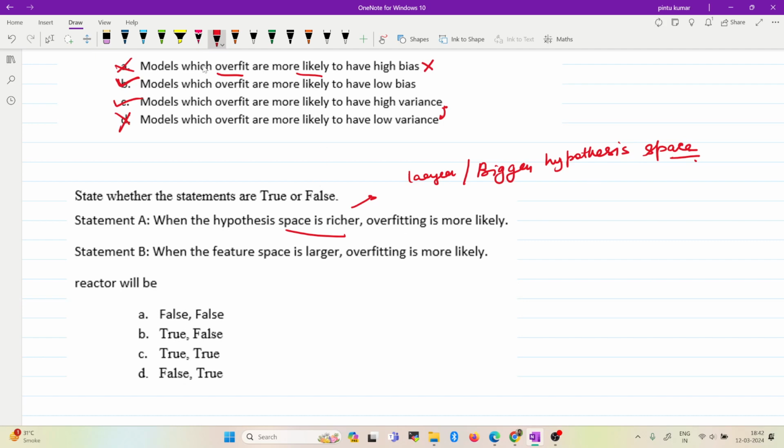This is just related to overfitting. This does not involve bias and variance. Statement A says when the hypothesis space is richer, overfitting is more likely. So when your search space is large, are you supposed to overfit or underfit? That is the question.